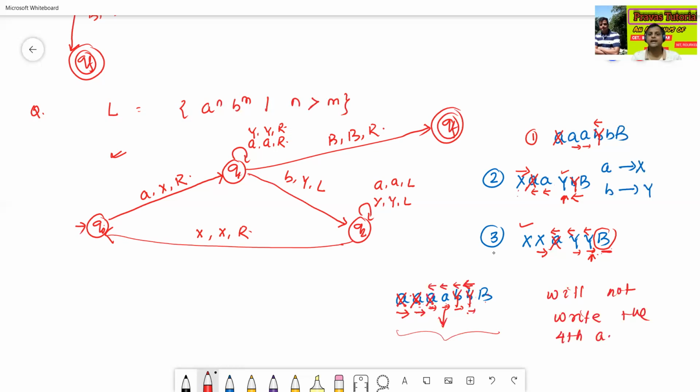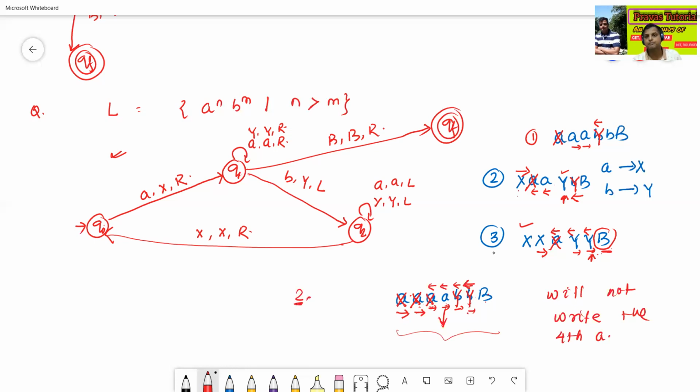Why will the Turing machine not write the fourth A? Because here the number of A's is greater than the number of B's. Here the minimum is the number of B's. Here the minimum number of B's is 2.